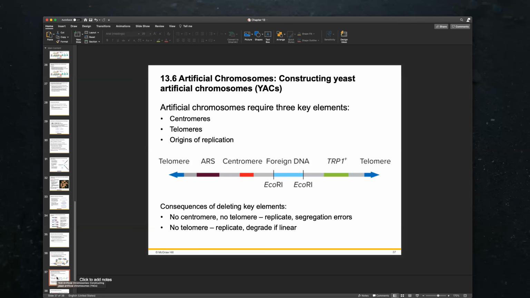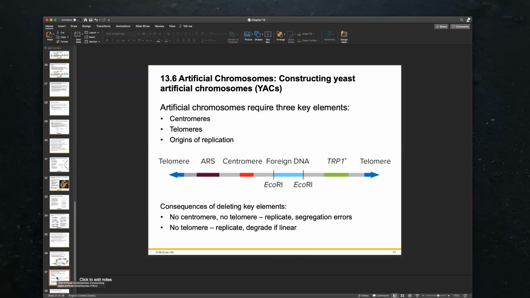Consequences of deleting key elements. If you don't have the centromere nor the telomere, when it replicates there will be errors in segregation, like when the chromosomes separate.